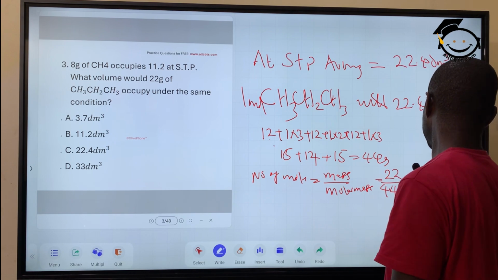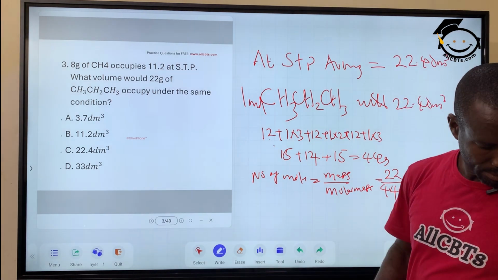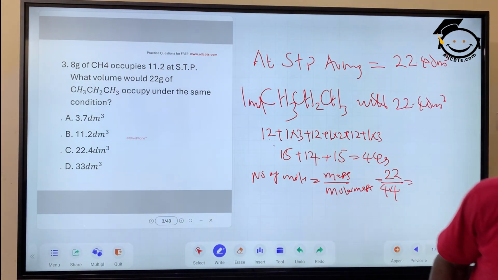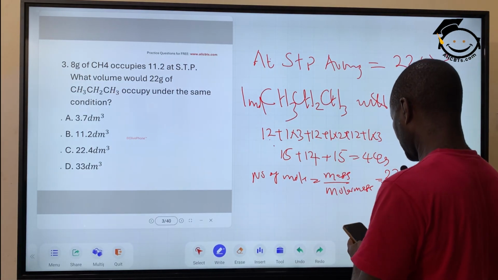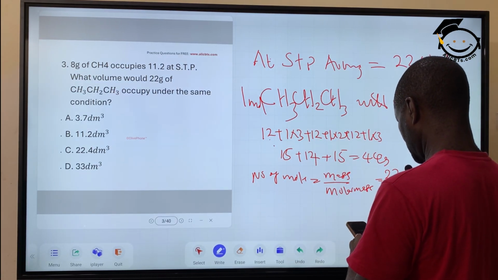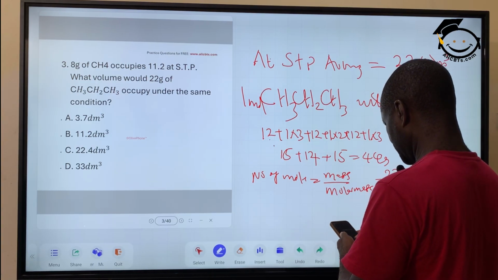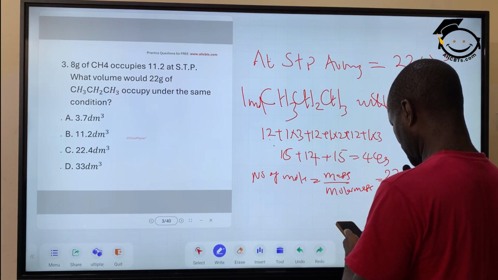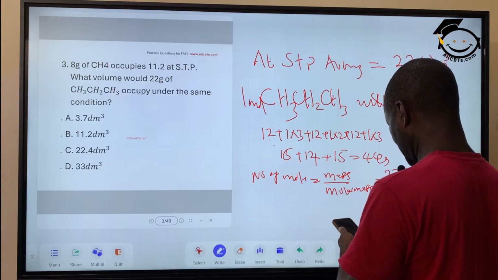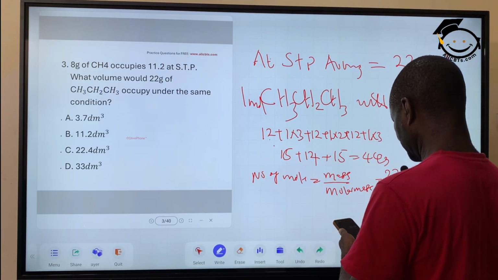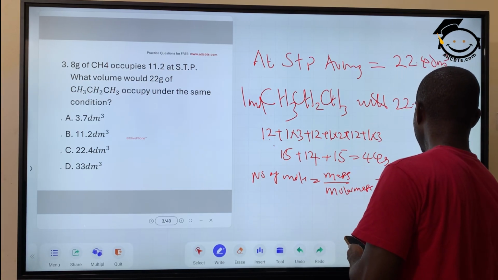We use our calculator. 22 divided by 44 will give you 0.5 mole.